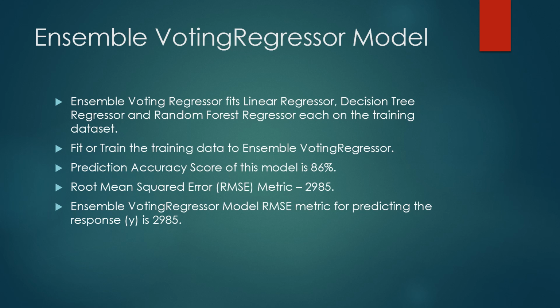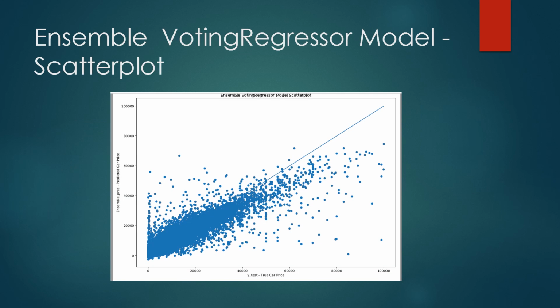This ensemble model produced a prediction accuracy score of 86% and a root mean square error of 2985. This model outperforms both the linear regression model and the decision tree regression model. However, this model did not outperform the random forest model. Here we can see the scatter plot for this model.